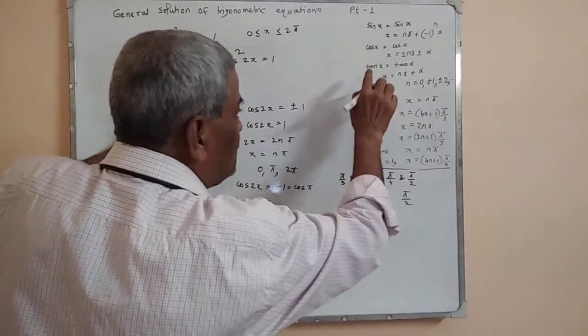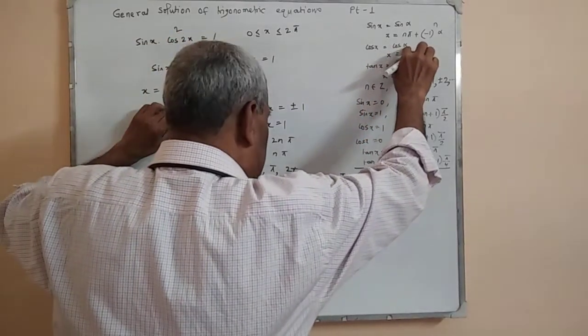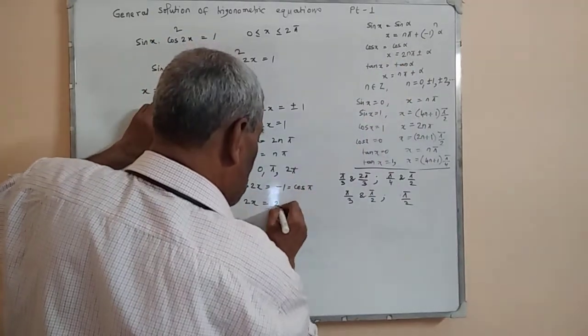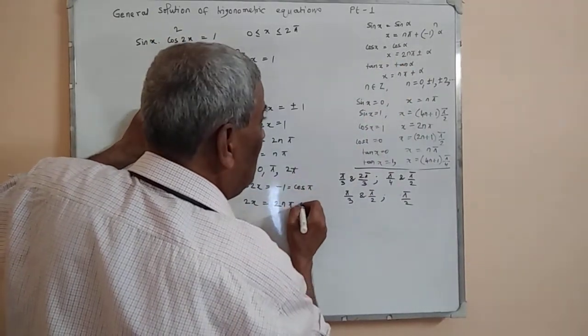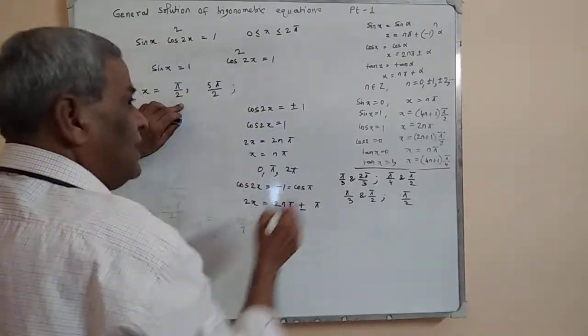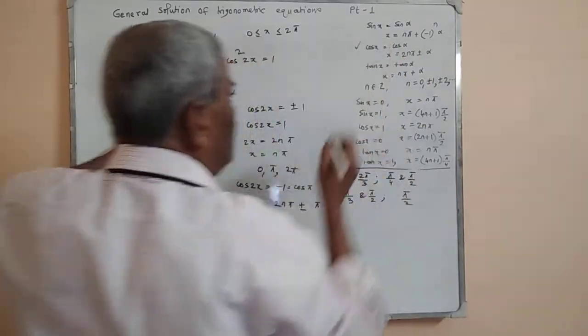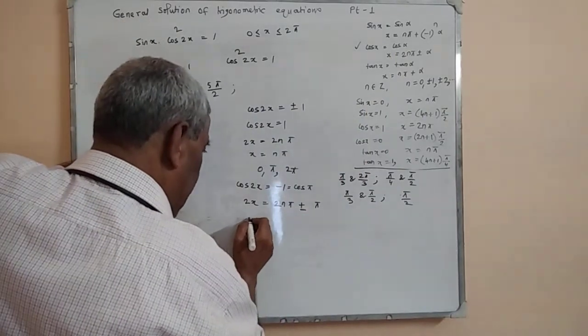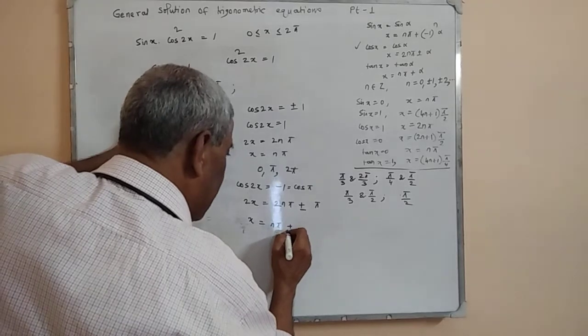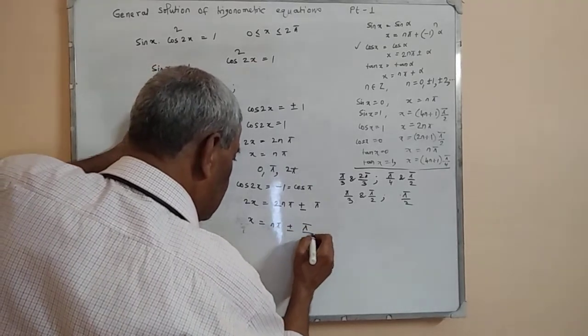So cos 2x is equal to cos pi, then 2x will be 2n pi plus and minus pi. From the general solution, x is equal to n pi plus minus pi by 2.